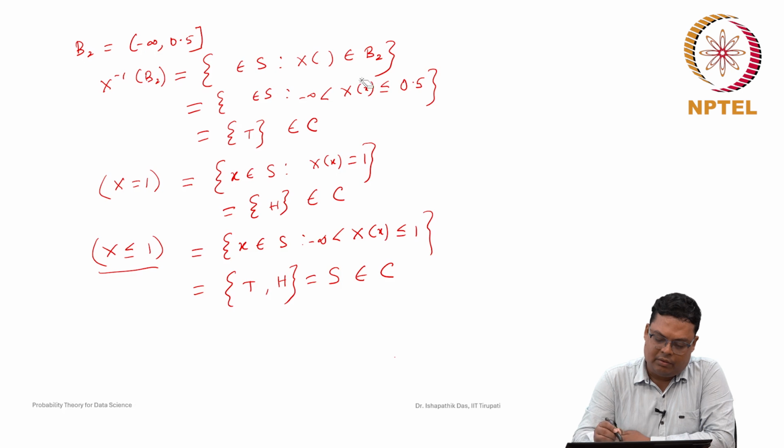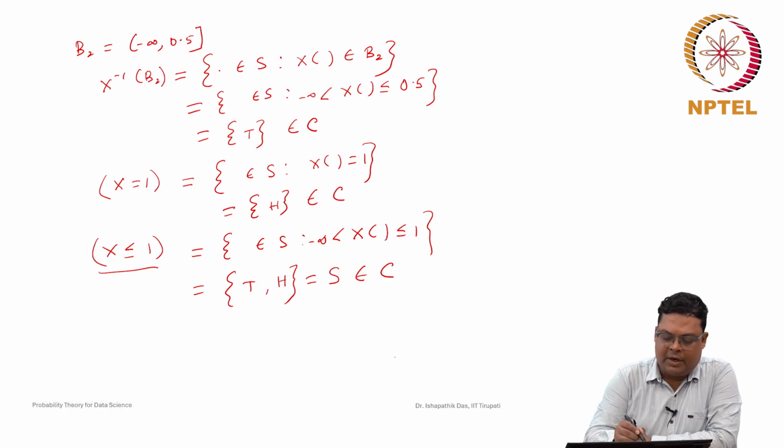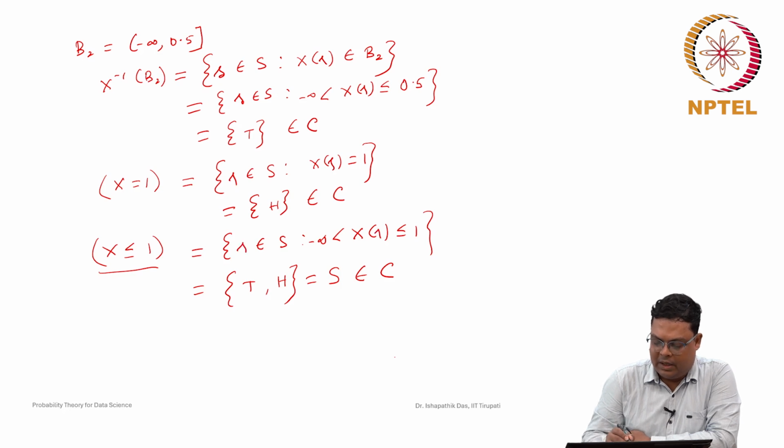Okay, so we need to erase many things. Let us correct it here. Because s is an element of S, it is better that we denote it by s here, so that small x we are denoting by a real number.